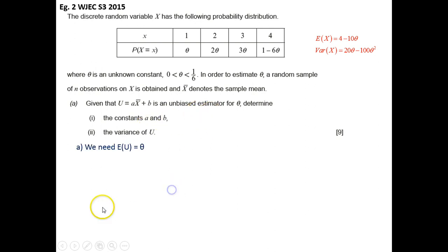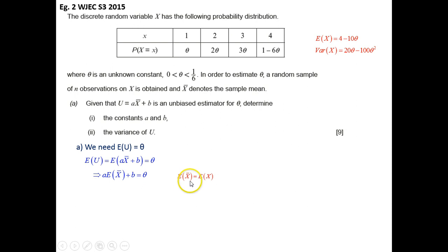part A. So we need the expected value of U to be theta. It says it is an unbiased estimator for theta. Therefore, I put that the expected value of U, which is that combination, is equal to theta. I can take the E in, so a times expected value of x bar plus b is equal to theta.